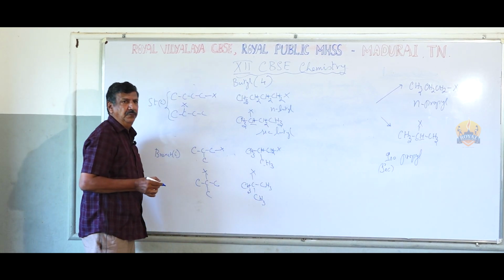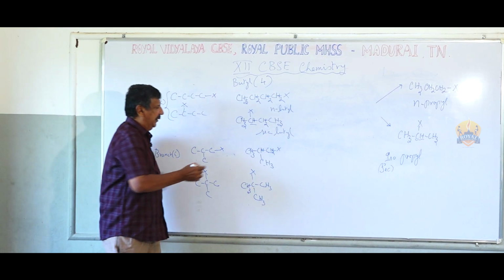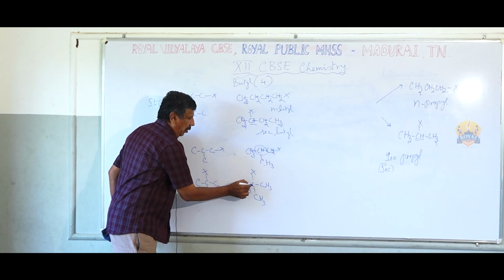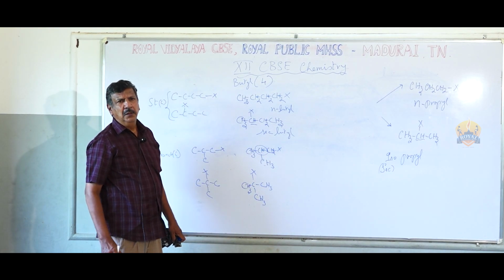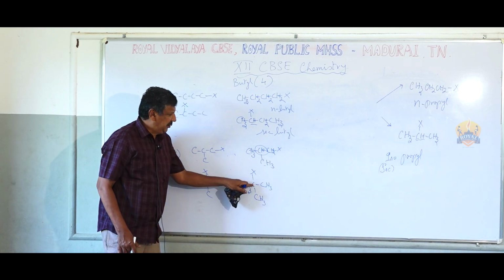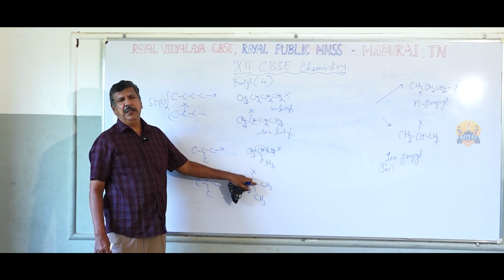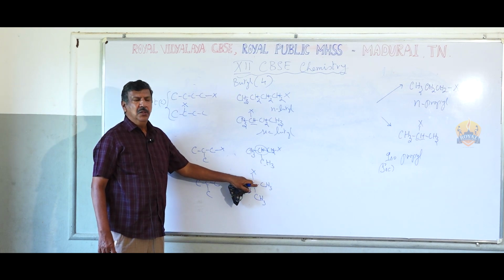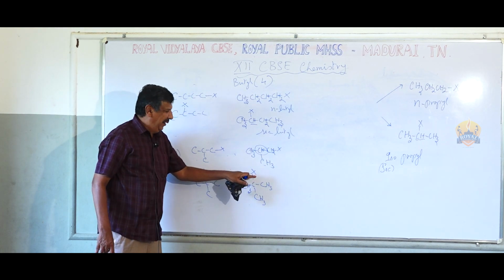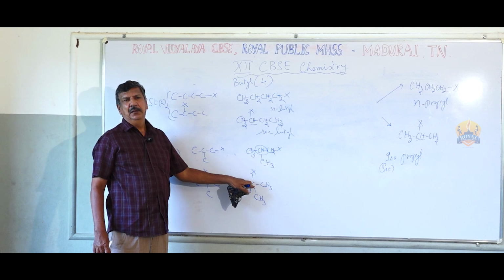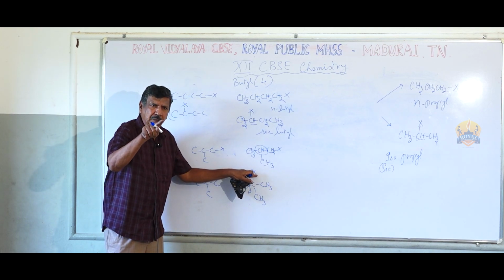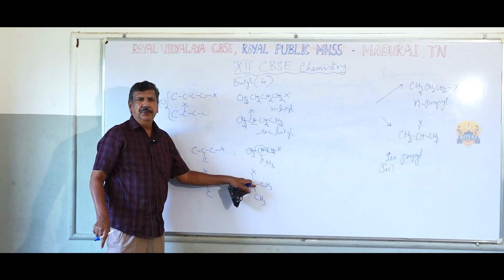What about this carbon? That is very important. This carbon has 2 groups. So, there is no hydrogen here. If you have 1 group, there will be 1 hydrogen.